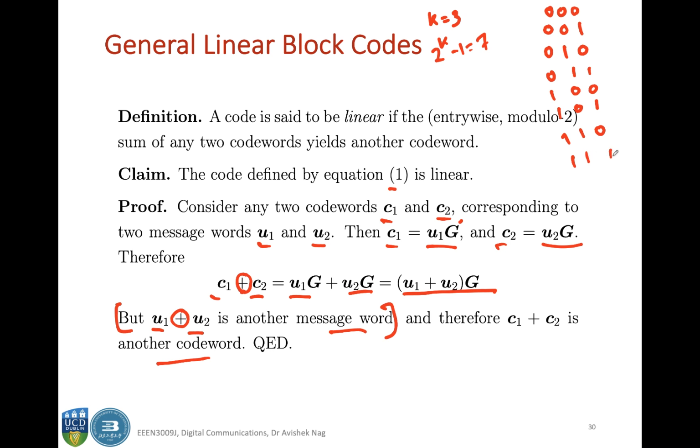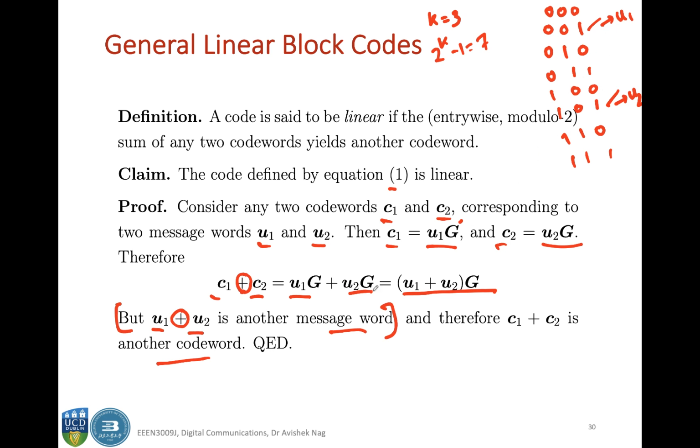Okay. So let's take an example. Let's say your U1 is this one. Okay. And let's say your U2 is this one. Okay. So just randomly select your U1 as this and your U2 as this, without loss of generality.